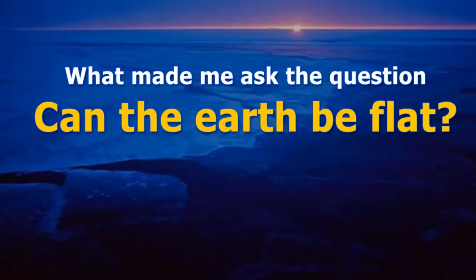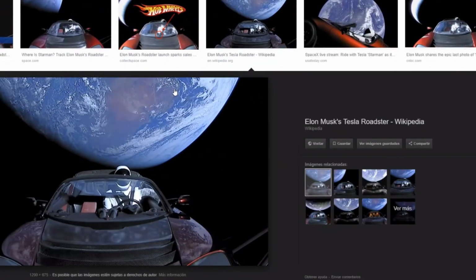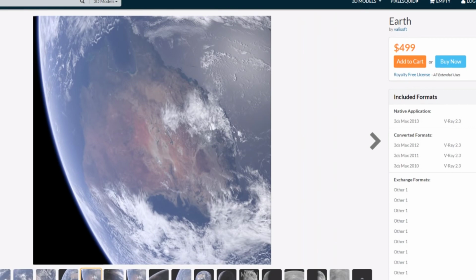Okay, so really quickly, in terms of the topic I talked about a few minutes ago, creating the spherical Earth. For example, we can see the famous Tesla car in space, supposedly, and if you go to one of the most commercial sites to buy a 3D model when you don't have the time to start creating models, for example Turbo Squid, here you can see a planet Earth from $500.